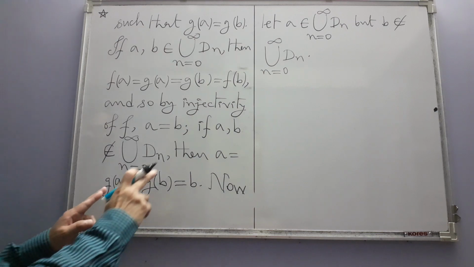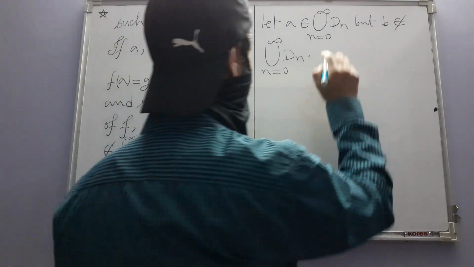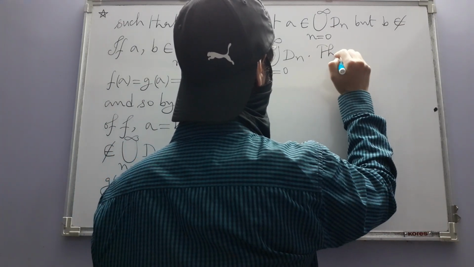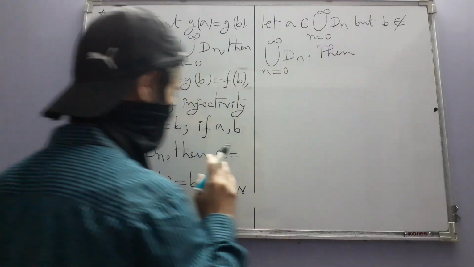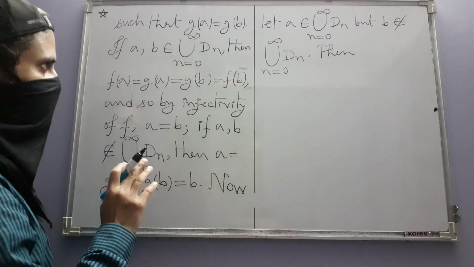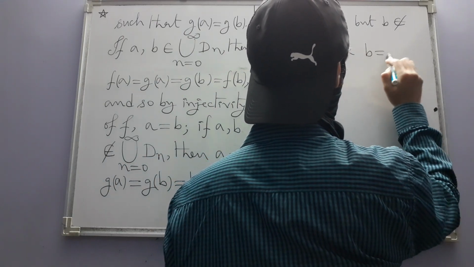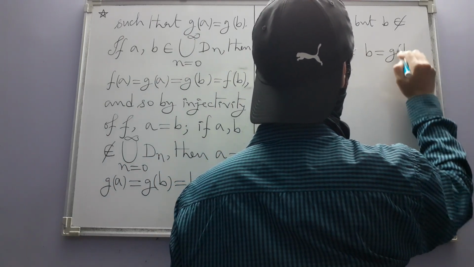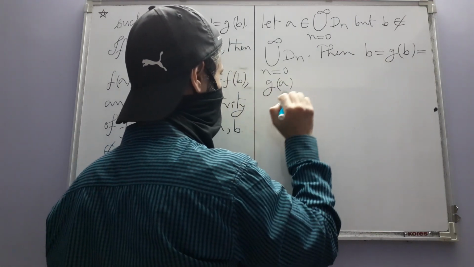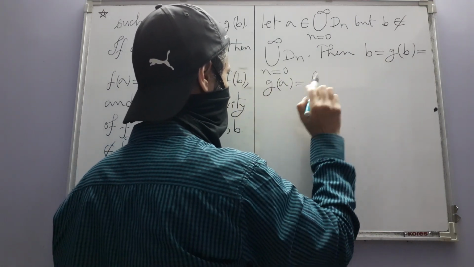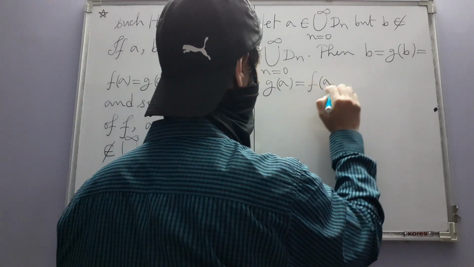Then what do we get from this condition, G of A equal to G of B? Because B does not belong to the union, B is equal to G of B. But G of B by our assumption is G of A, and since A belongs to the union, G of A is just f of A.